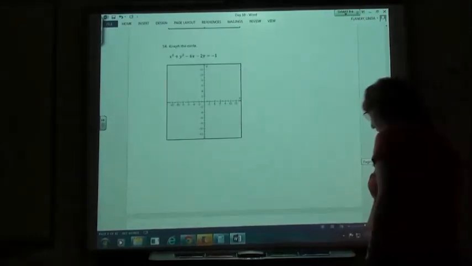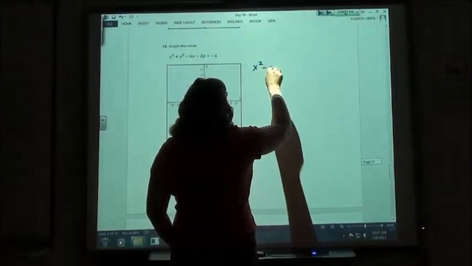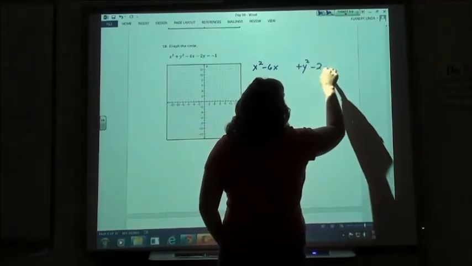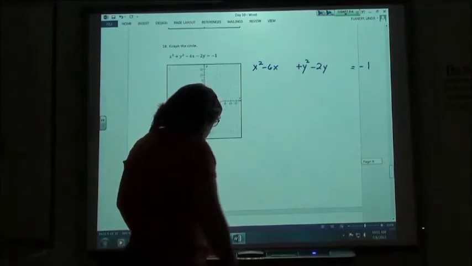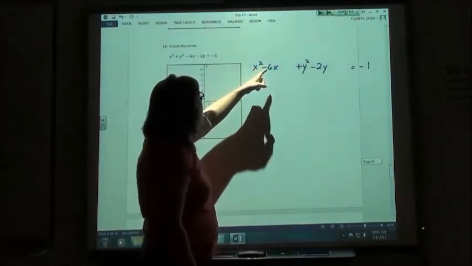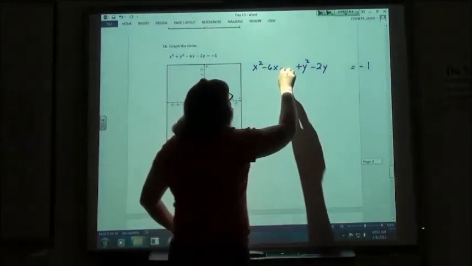Number 18 then, same kind of thing. I have x squared minus 6x plus y squared minus 2y, and they've already moved the negative 1 to the other side. So I'm now going to do my completing the square. Half of negative 6 would be negative 3. Negative 3 squared is 9.